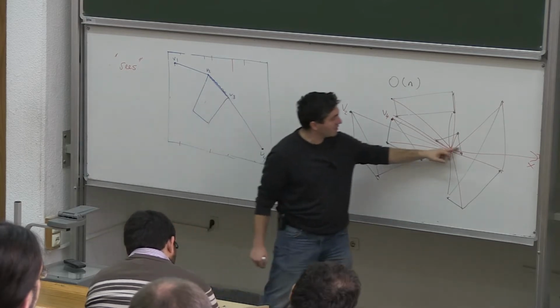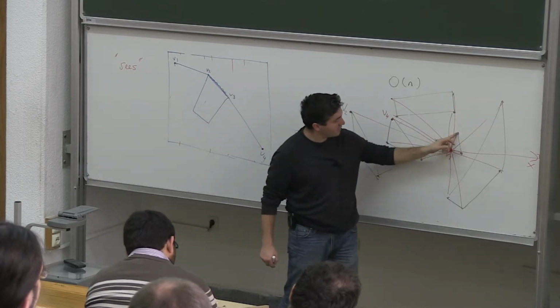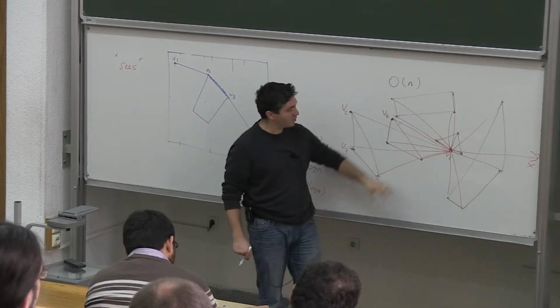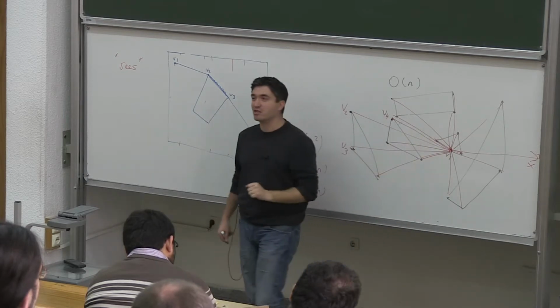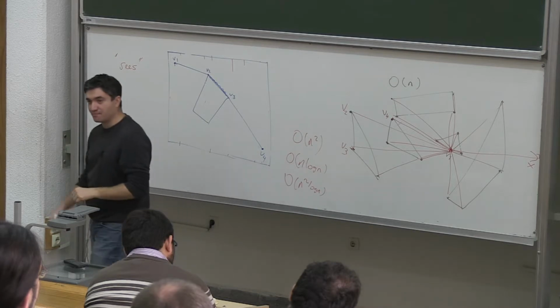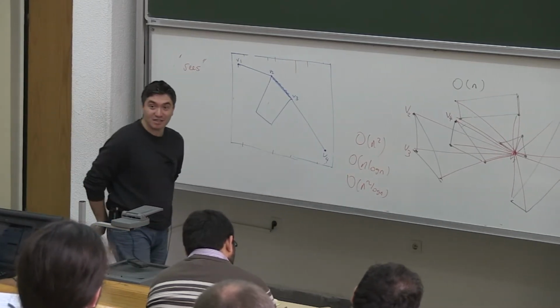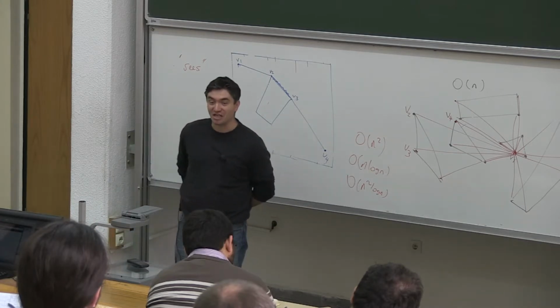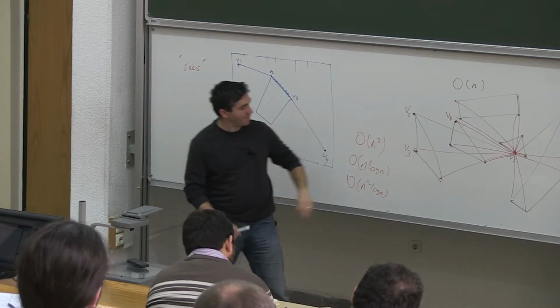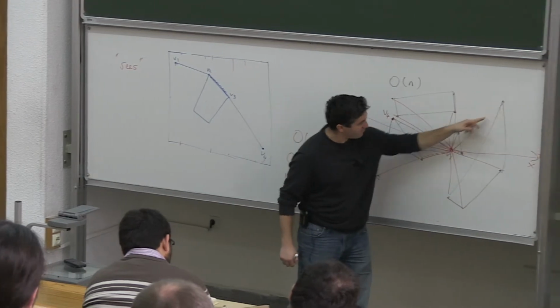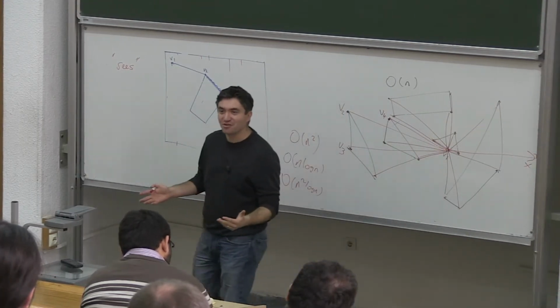We process this line segment first, this one next, this one next. This is our rotational sweep. So what about our status structure? What are we going to maintain in it? What's the natural thing? For example, look at this line here. What is its status?